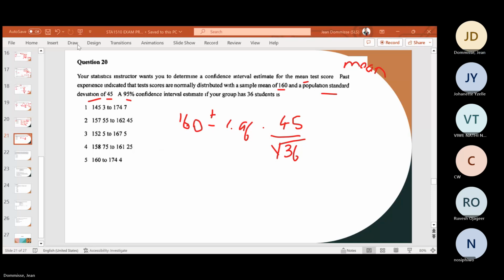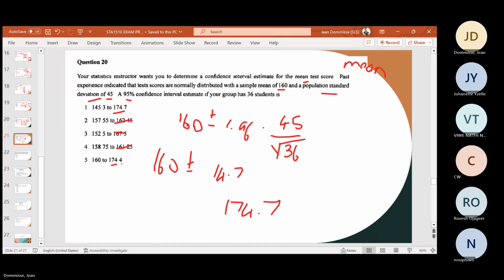So I got it as 160 plus minus 14.7. So at the top we will have 174.7. So let's quickly see, 174.7.